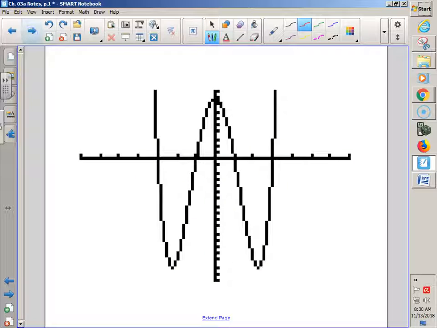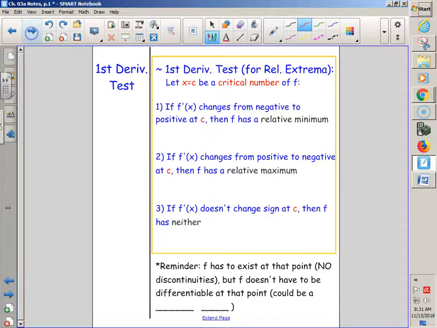And that brings us to the second part. Look at those relative mins and maxes. That's just the graph of the function. That brings us to the second part of section 3.3. How do you use the first derivative to identify relative extrema? Well, you guys just did it without this whole page.